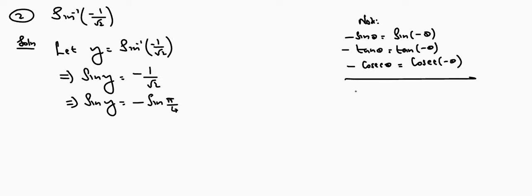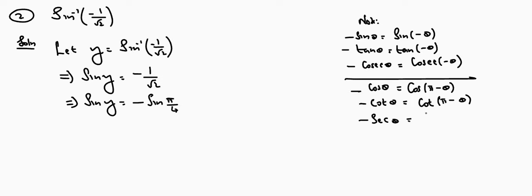Next, minus cos theta we write as cos of pi minus theta, and likewise for minus cot theta and minus sec theta: cot of pi minus theta, sec of pi minus theta. The interval 0 to pi is the principal value branch for those, and minus pi by 2 to pi by 2 for these.